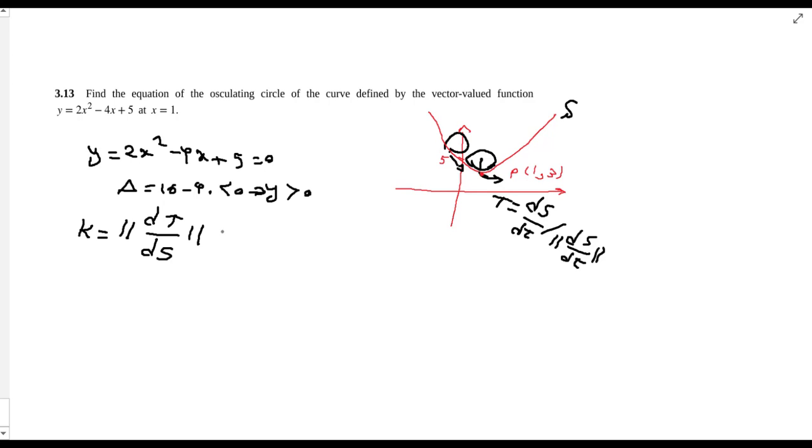We cannot directly get dT over ds, but at every point x is in terms of t, and s is also in terms of t.